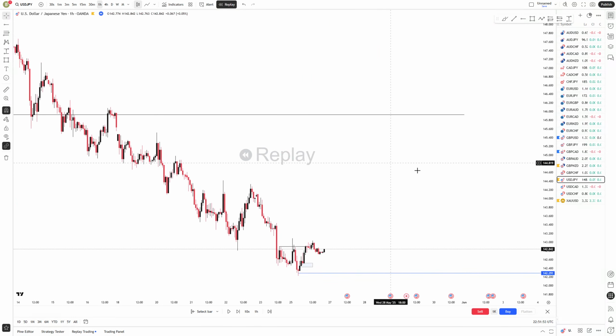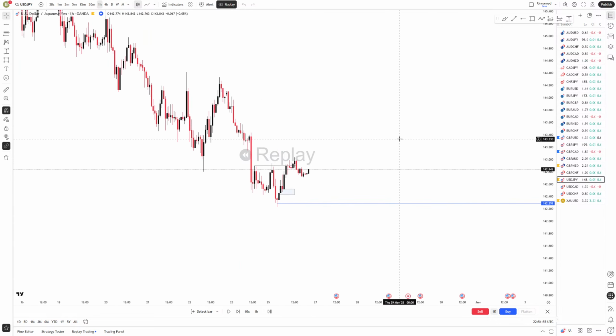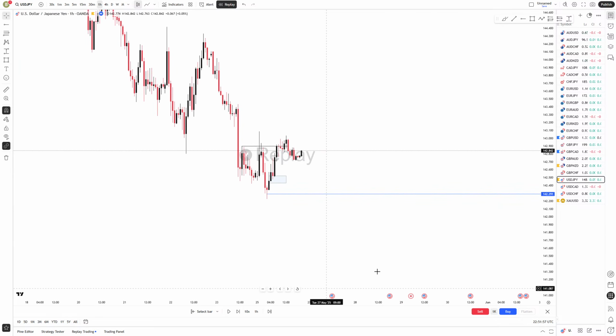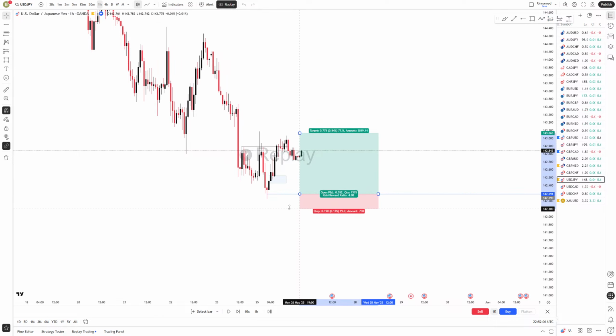And as usual, because this is USD JPY, we use 20 pips as our maximum stop loss. So if we put our maximum stop loss from this point to this point here, maximum stop loss was around this level here.